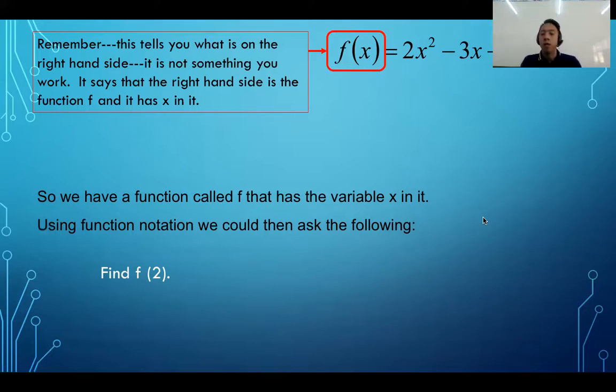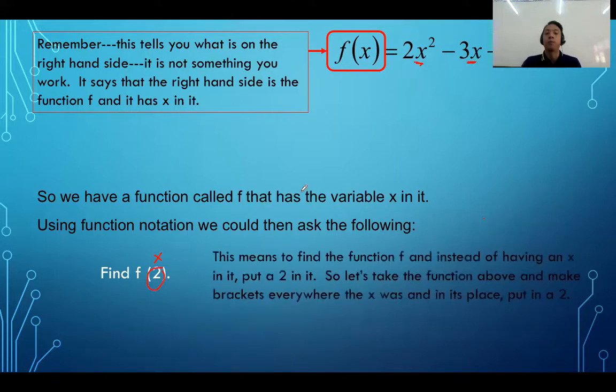Then we will find the function of the given variable. Our given variable is 2. Since this one is x, we will change all the x's here as 2.